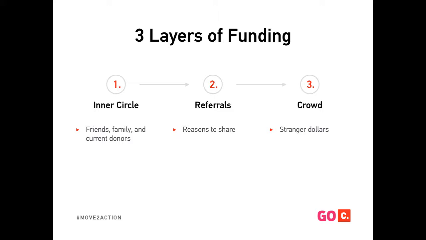We have seen campaigns where they're static at $40,000, and because their campaign went viral, ended up at $2.2 million. So that early momentum positions your campaign to attract more stranger dollars onto your campaign. And I'll extend a little bit further on how you can do that as well.